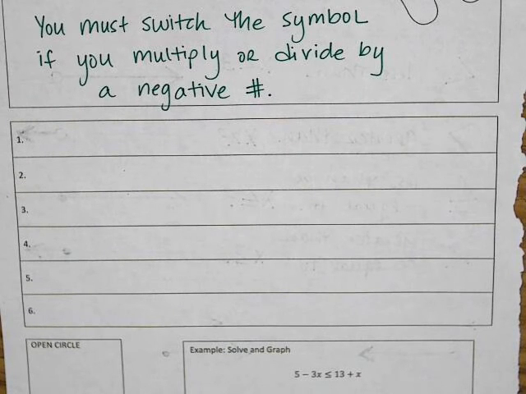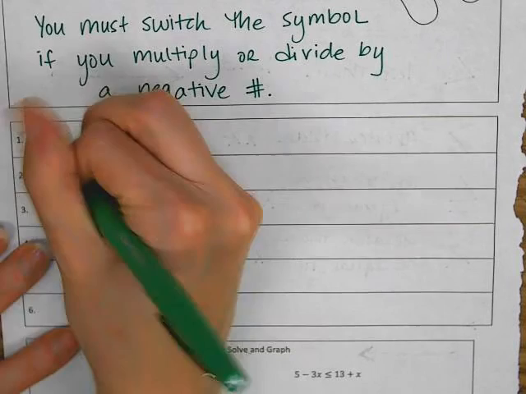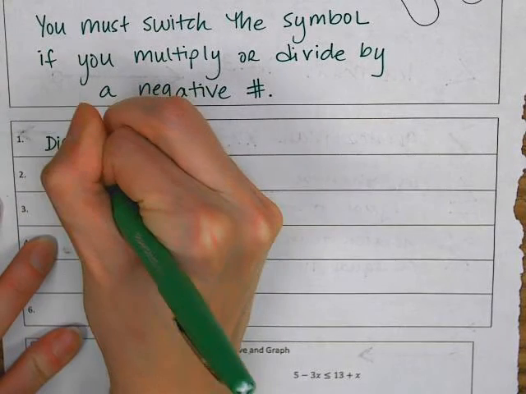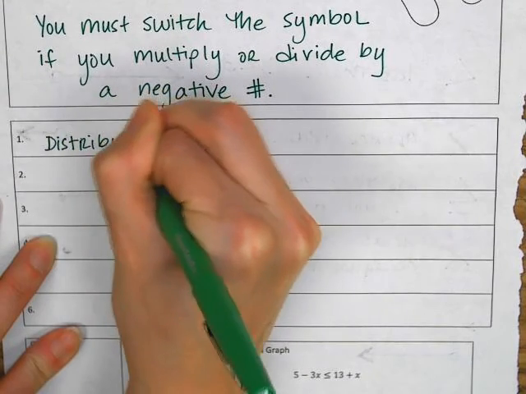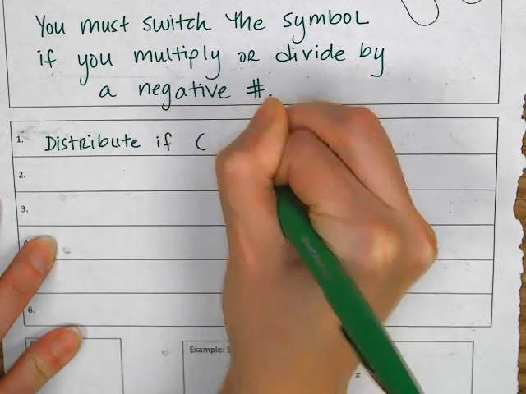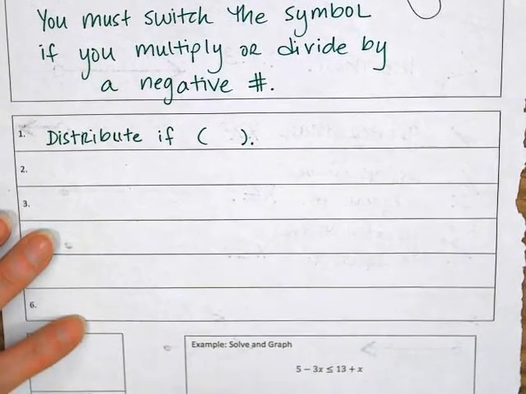All right, so I want to do a quick review of how to solve an equation, and then solving an inequality is the same thing. So first step is you always distribute if there are any parentheses. You always look to do that first.